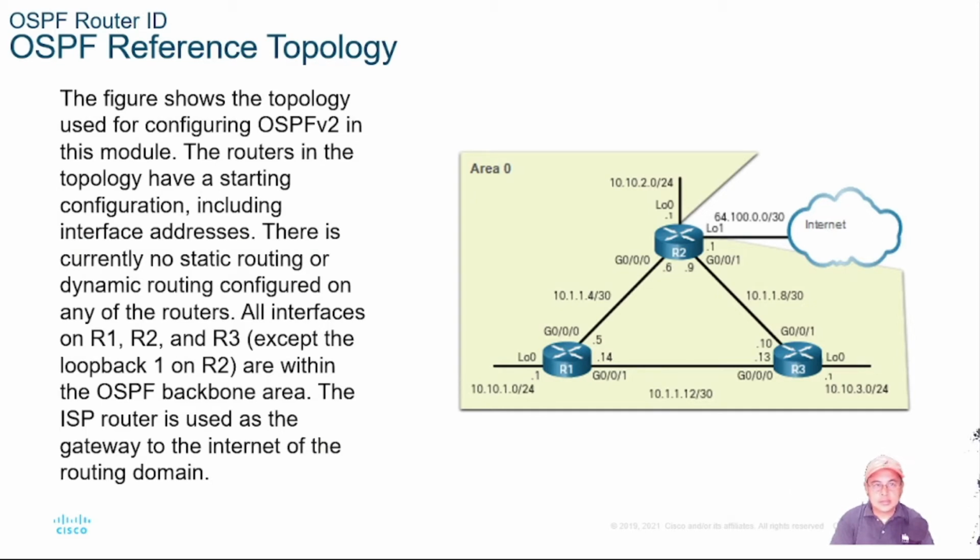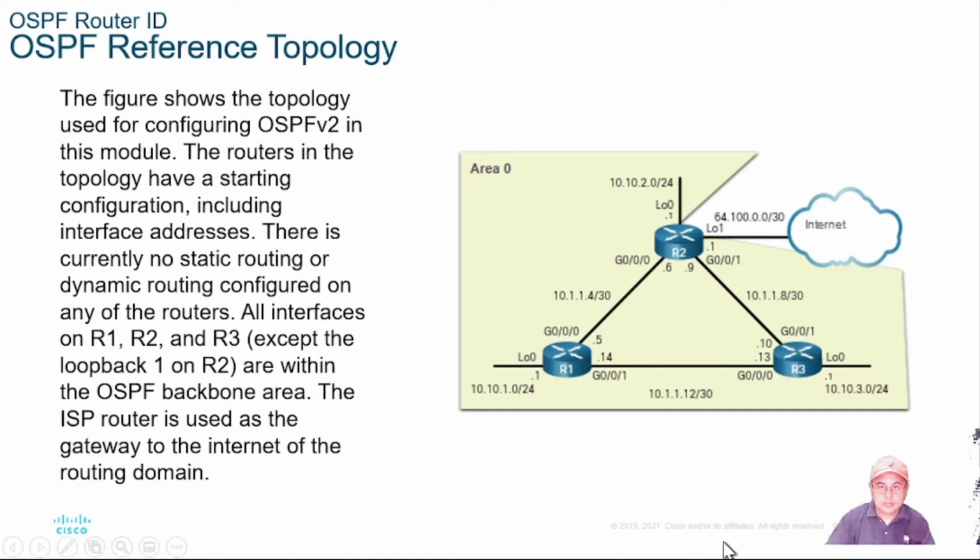So this is the OSPF reference topology that I'm going to use through the rest of my series, part 1 and part 2. This is the Cisco's curriculum reference topology to discuss the single OSPF version 2 configuration.